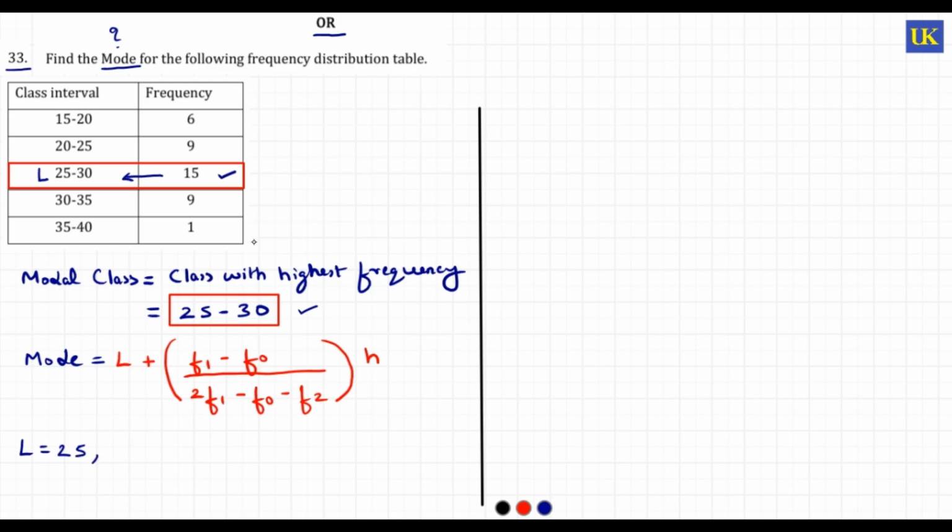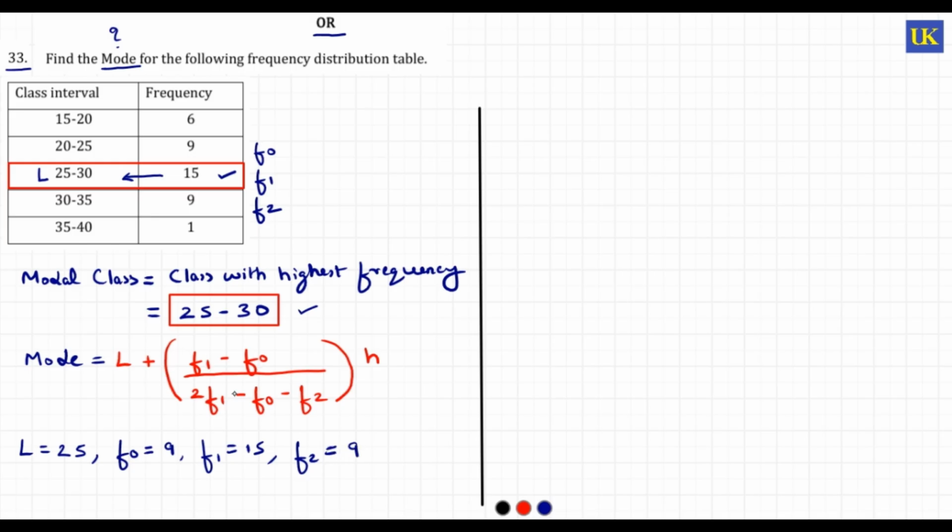Then from the selected class, you start writing: this is F0, this is F1, and this is F2. So F0 is 9, F1 is 15, and F2 is 9.